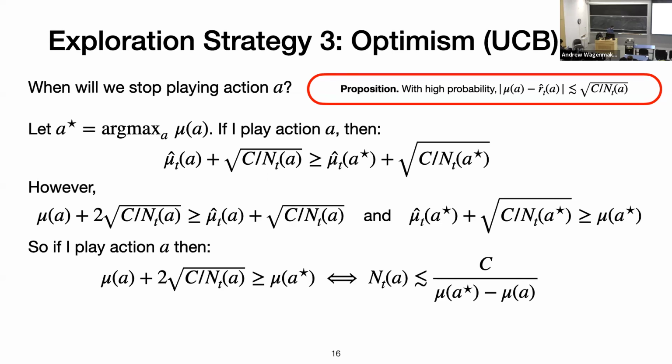What does this say? Well, if I go back to an example like this, say these are my arm means, arms 1, 2, 3, with heights of 1, 2, and 3.